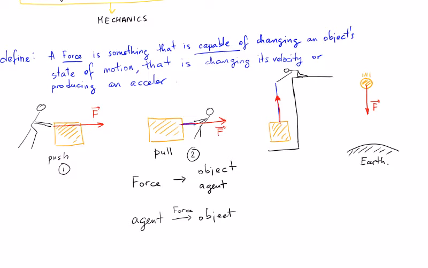In the fourth situation, the earth is the agent and the ball is the object. In the future, when you solve problems, try to identify what is the object and what is the agent. That might help you identify the forces in the future.